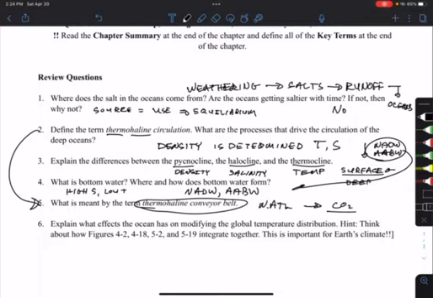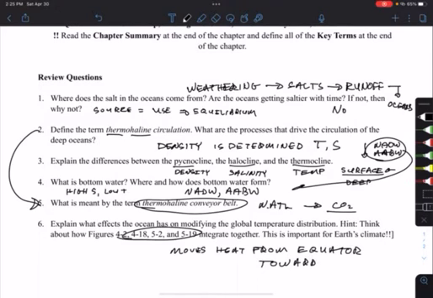And then finally, explain what effects the ocean has on modifying the global temperature distribution. And again, you should look at these figures in the book. And really what it does is it transports heat from the equator towards the poles.